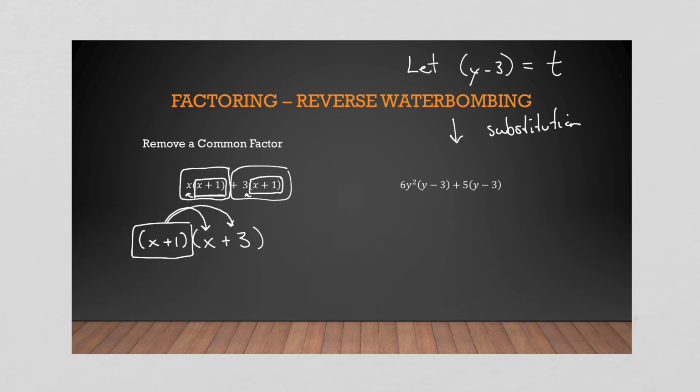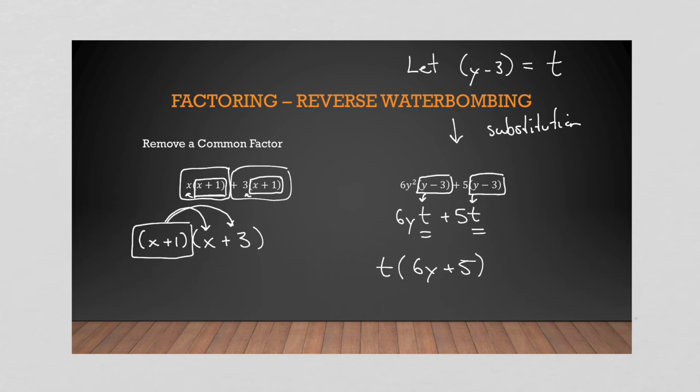Because what I can do is substitute the letter t in everywhere I saw that y minus 3. So this is now represented by the letter t, and this is now represented by the letter t. It just makes what you're looking at cleaner, because now you can see that that is a common factor. So a t comes out, and you're left with 6y plus 5.